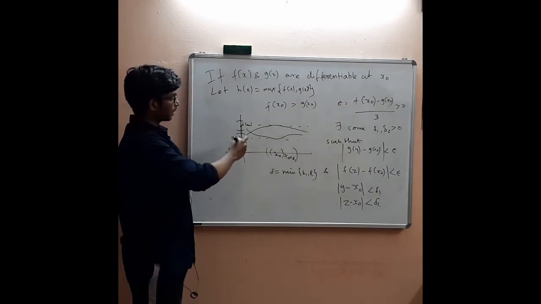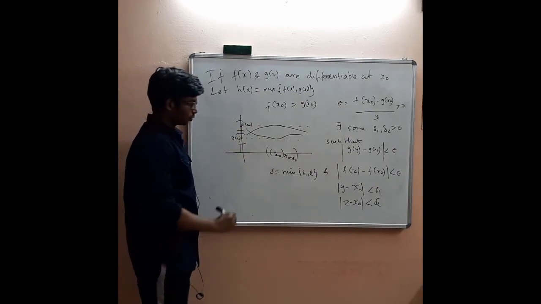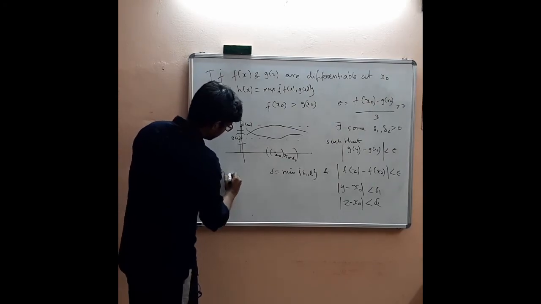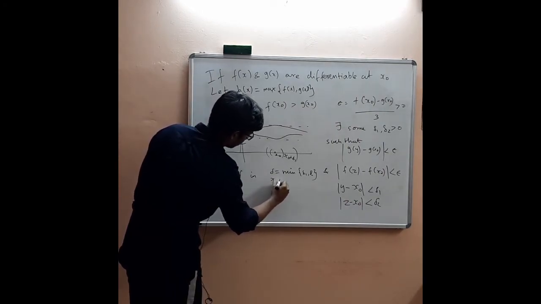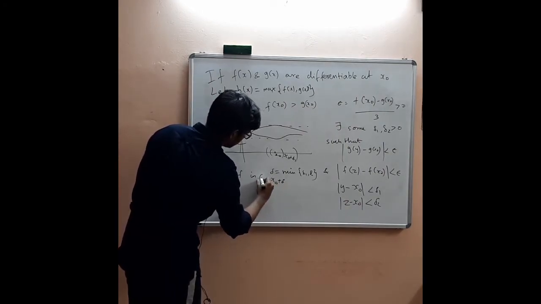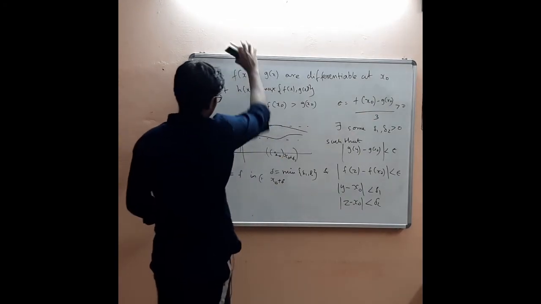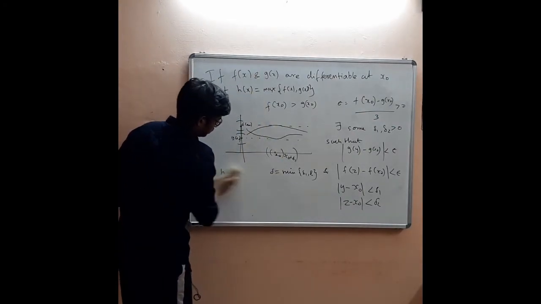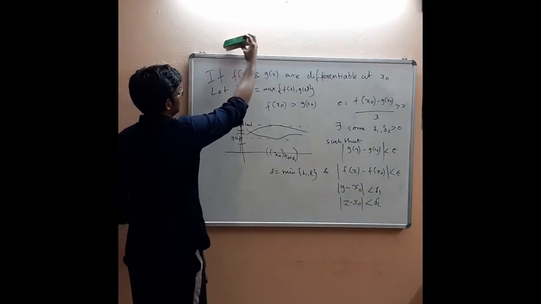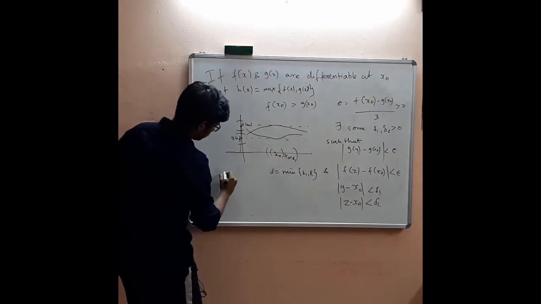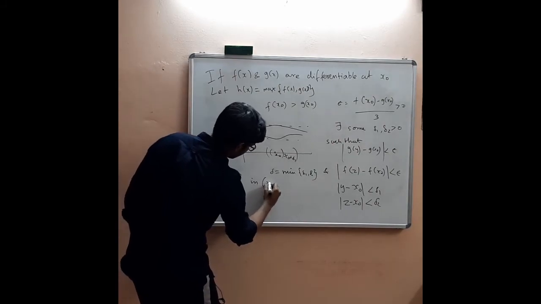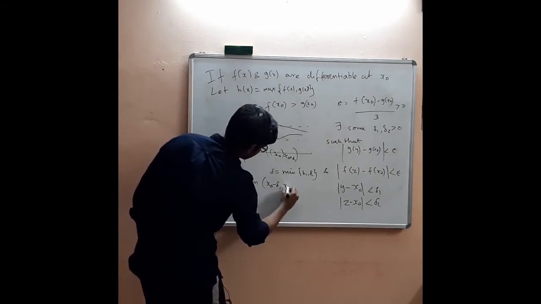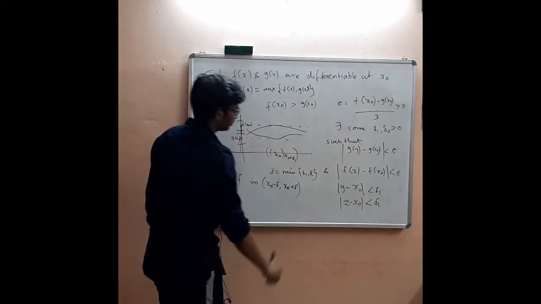Tell me. The maximum is clearly f. So h is equal to f in x0 minus delta comma x0 plus delta.